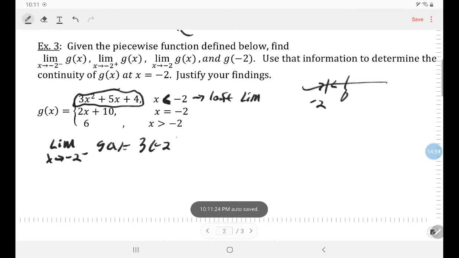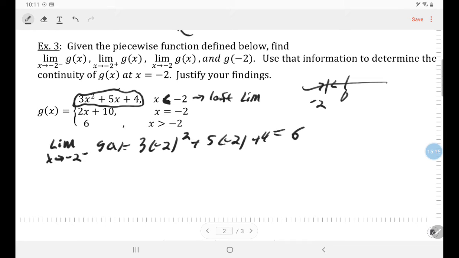So we get 3 times negative 2 squared plus 5 times negative 2 plus 4. So negative 2 squared is 4 times 3 is 12. 5 times negative 2 is negative 10. So 12 minus 10 is 2, plus 4. That gives me a value of 6.